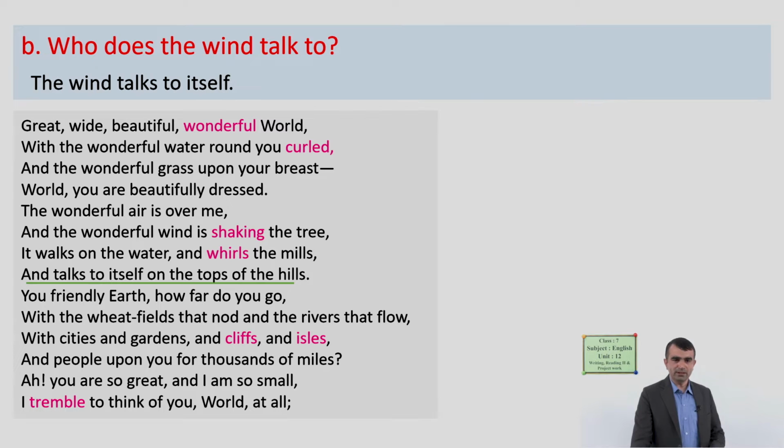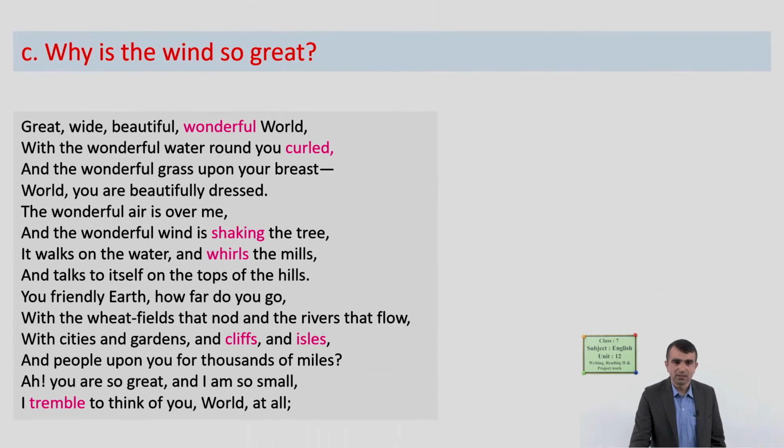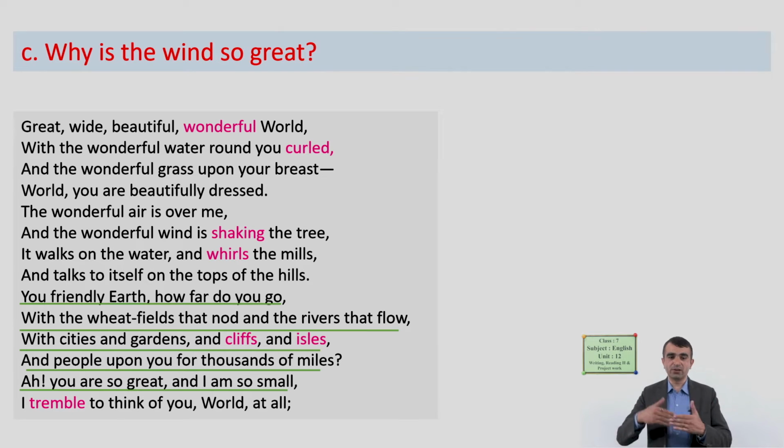Now, next one, number C. Why is the earth so great? Why is it so great? Is it given? Yes, of course. It's given here, isn't it? You friendly earth, how far do you go, with the wheat fields that nod and the rivers that flow, with cities and gardens and the cliffs and isles and people upon you for thousands of miles?